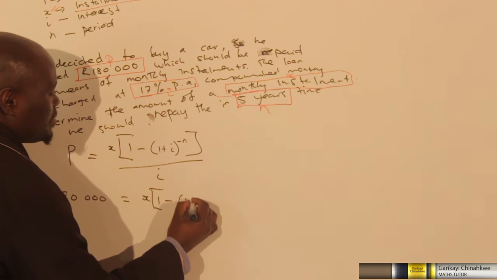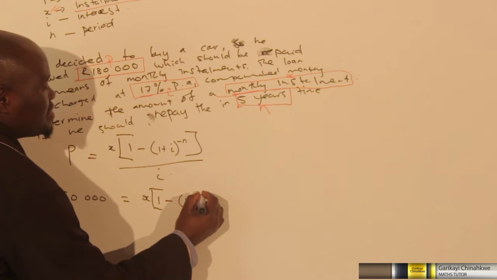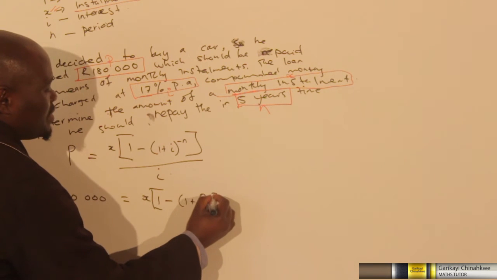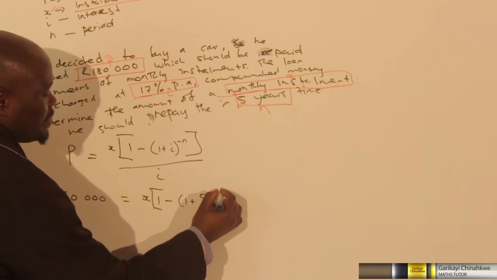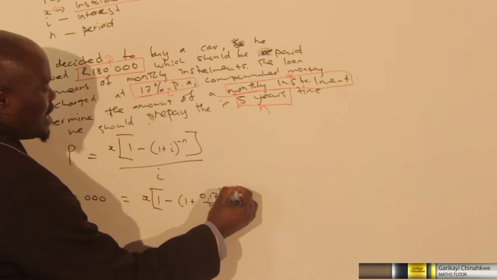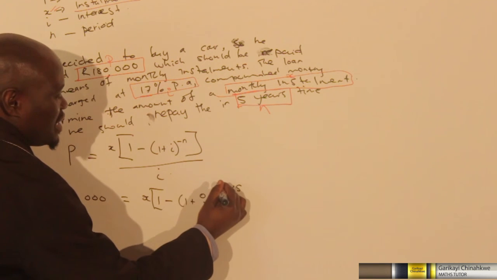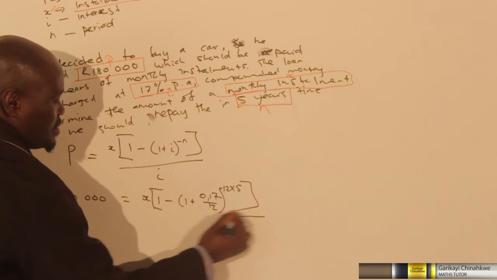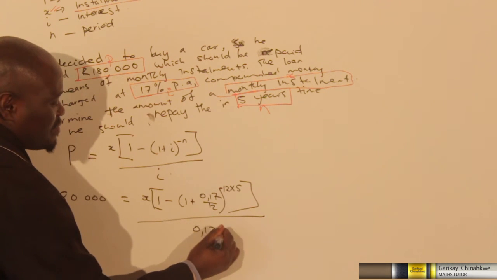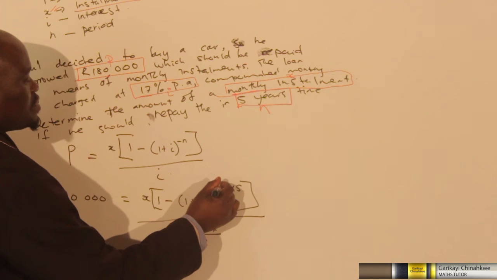So 1 minus 1 plus I, I is 0.17, compounded monthly, divided by 12, to the power of negative 12 times 5. So this is negative, you must be careful. Then 0.17 over 12, you must be careful, it is with a negative.